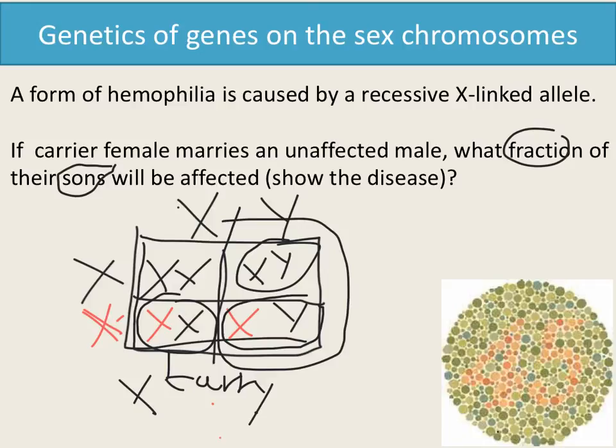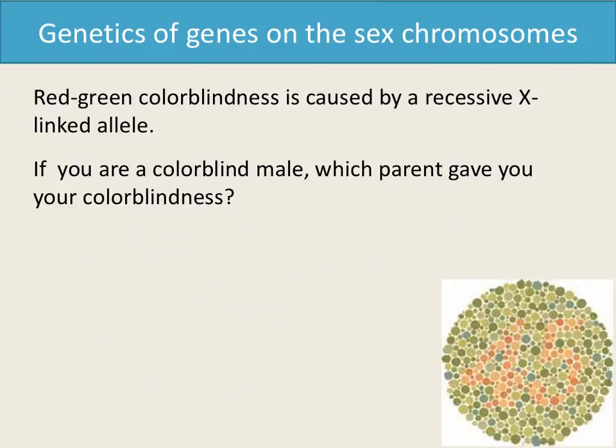One is normal, and then one has hemophilia from his mother, who was a carrier. So it's actually 50%. Okay? Simple. That's their sons. It's actually 1 out of 4, 25% for all their children. But they're only asking here their sons.